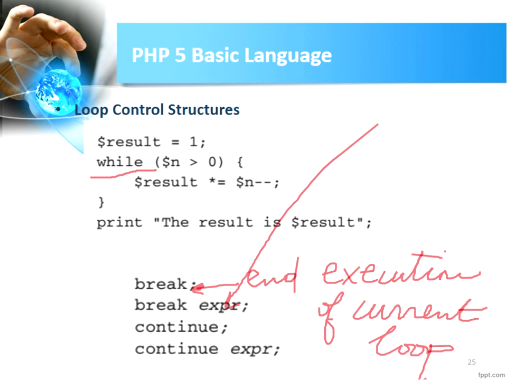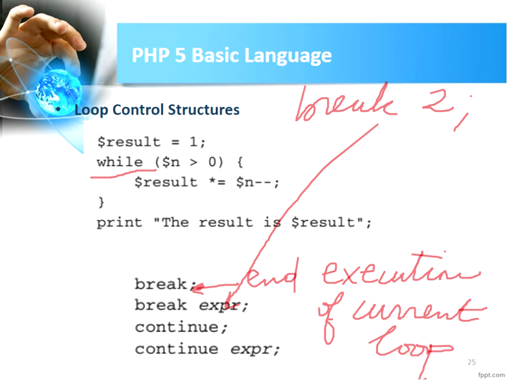It is an optional numeric number that means how many nested enclosing structures are to be broken. The default equals 1. For example, if I write break 2, that means there are 2 nested enclosing structures, and we will break 2 nested enclosing structures.